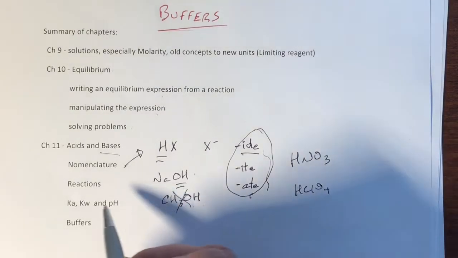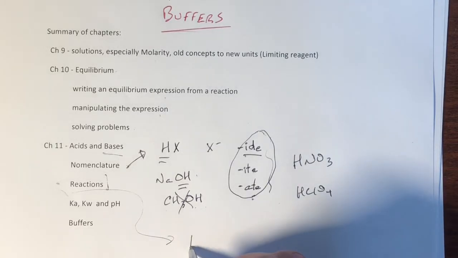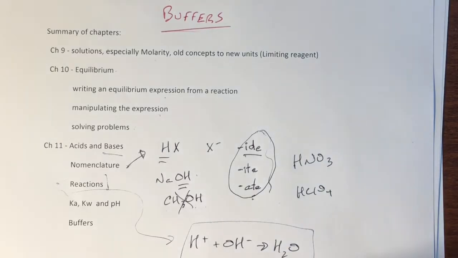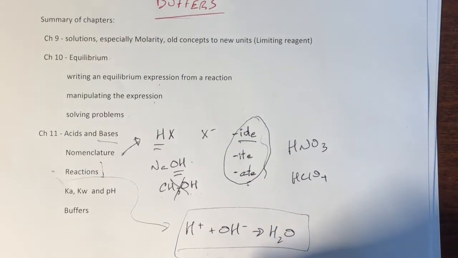All right, the main reaction for our acid-base chemistry is going to be the neutralization. So H plus OH minus giving us H2O. That is the reaction. But it's often hidden in a molecular reaction. So we might see something like H2SO4 plus LiOH.